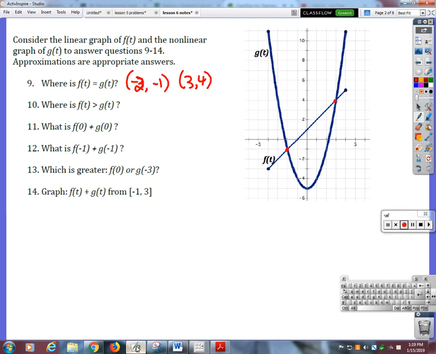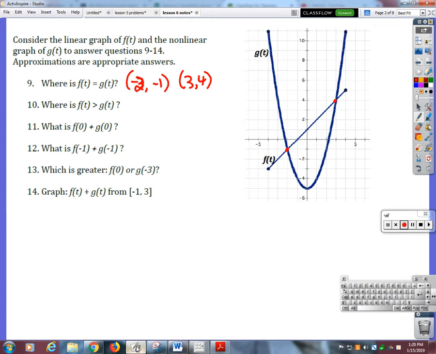Okay, Matthew. Next thing says, where is f of t greater than g of t? So that means we're looking for where the straight line is above the parabola. Yeah, the entire middle section.